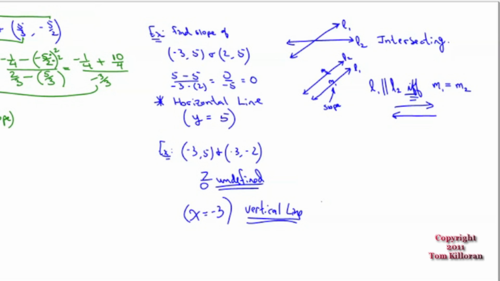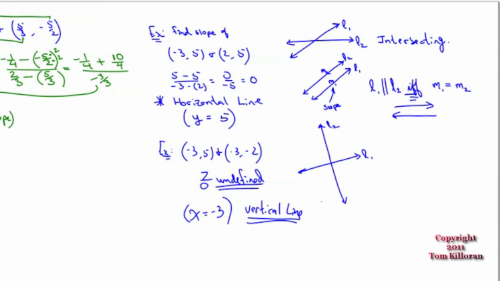Okay. What other types of intersecting lines do we have that we talked about earlier? Perpendicular. This one's a little trickier. If you have perpendicular lines, here's line 1, here's line 2. What does it mean to be perpendicular? 90 degrees, also known as a right angle.